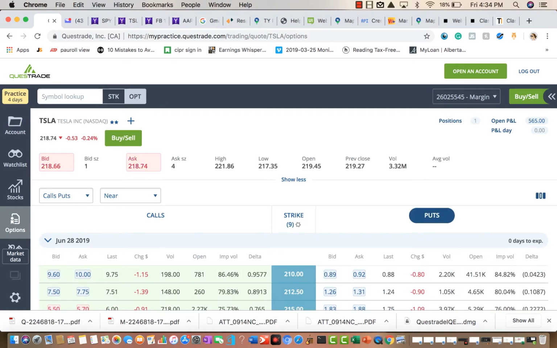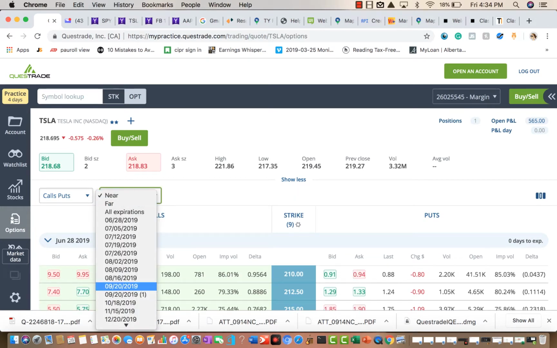So again, you guys are gonna be using puts when you think that a particular stock is going to go down in the future, in the next few days. Again, you're gonna choose an expiration of 120 days, 90 days, or four months out.